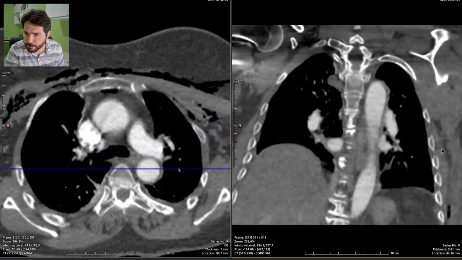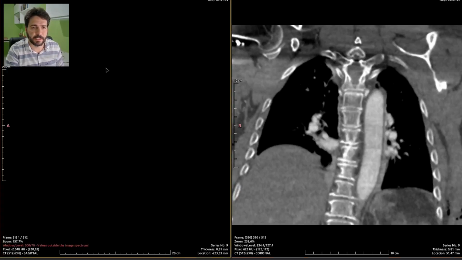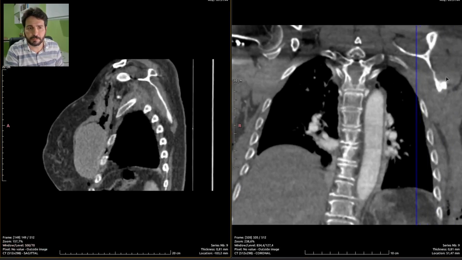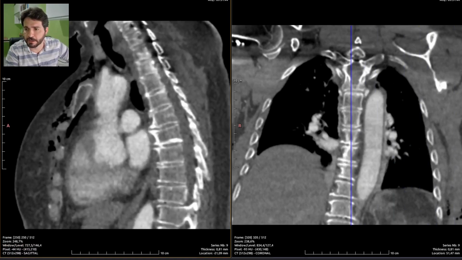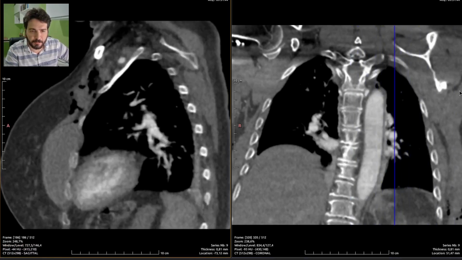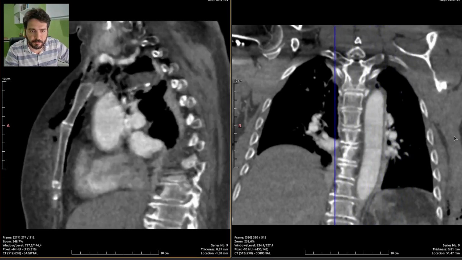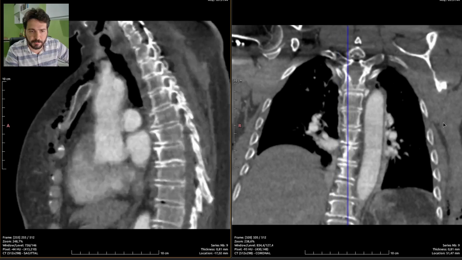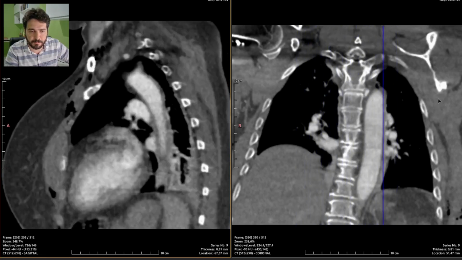So in the coronal plane, I can't really see much. I'm going to get a sagittal view, a sagittal reconstruction, so you guys can enjoy it as well. I am already convinced this is a normal angiographic exam considering acute thromboembolism.